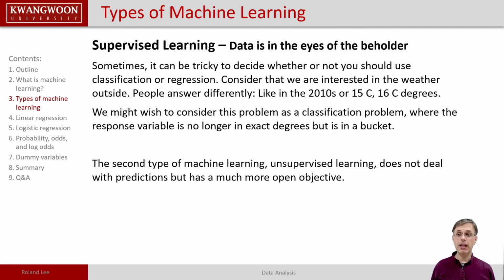And then we might wish to consider this problem as a classification problem, where the response variable is no longer exact degrees, but is in some kind of bucket. That would only fit a finite number of buckets in theory, making the model perhaps learn the difference between 2000s and 2010s and 2020s.